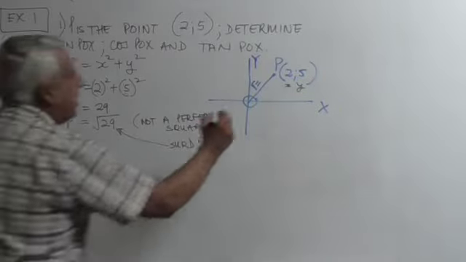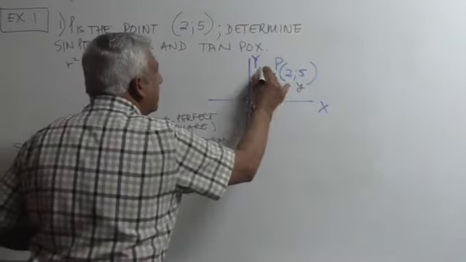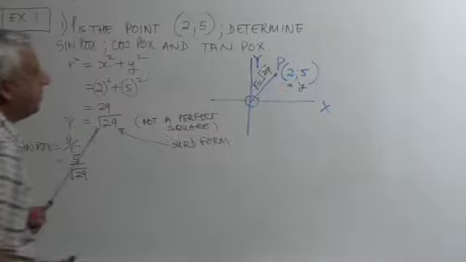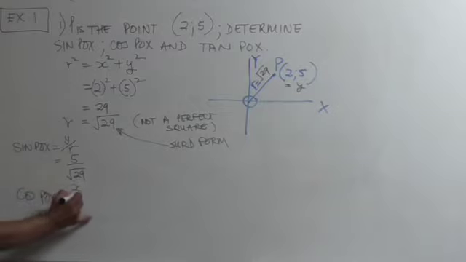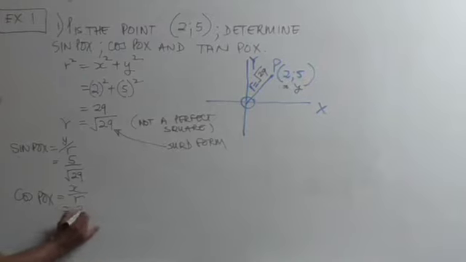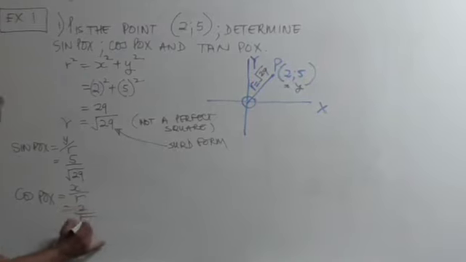In fact, after you find the radius, it's always nice to write it in the diagram. So that's your sine. Then you want cos POX, which is equal to x over r. X is 2, so it's 2 over square root 29.